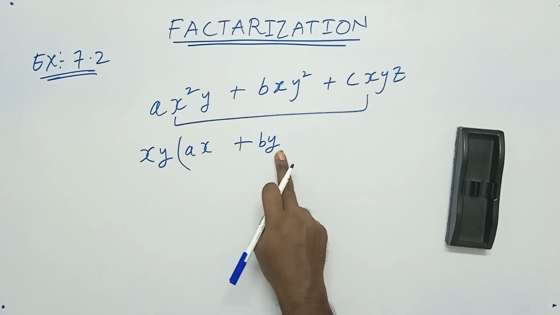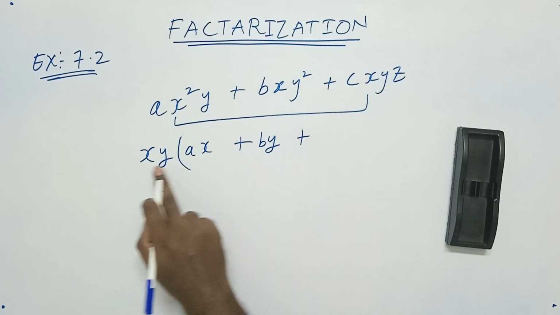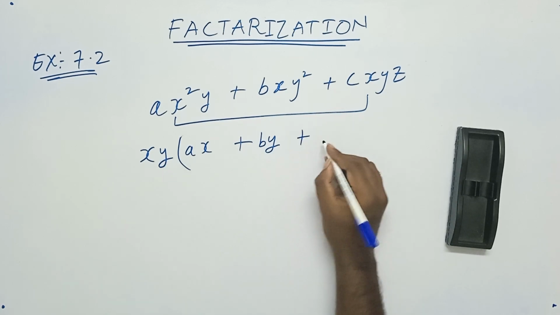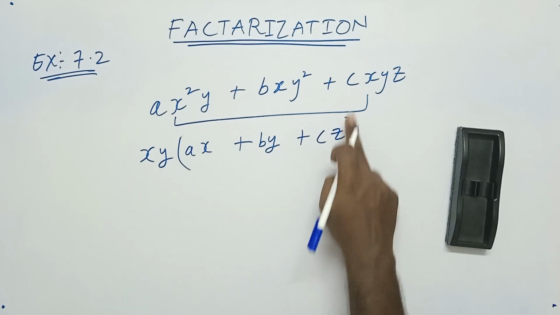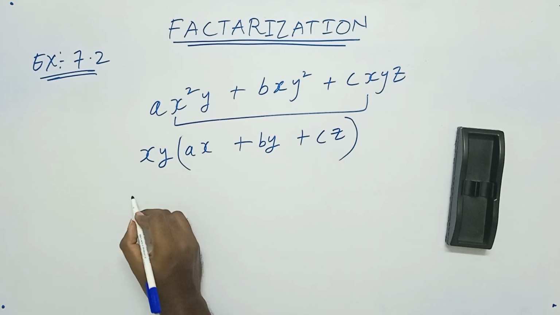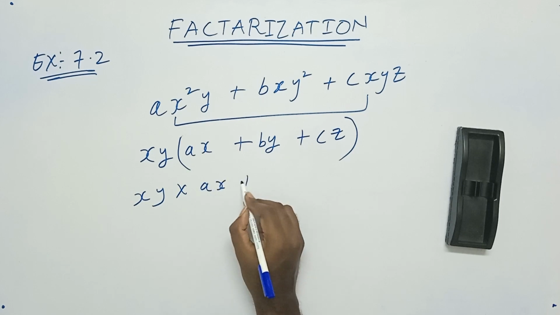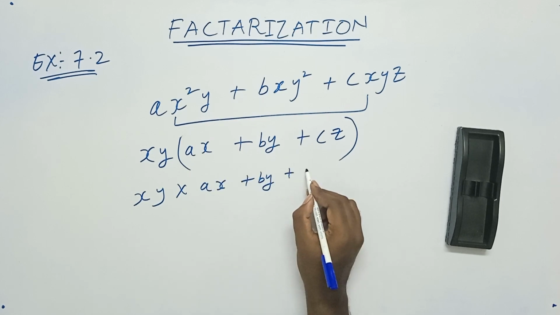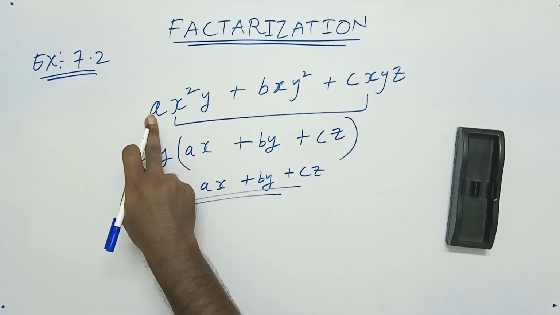Again we keep the plus sign. Xy times cz is cxyz. So we got the product of two factors, which is xy into ax plus by plus cz, the product of two factors of the given expression.